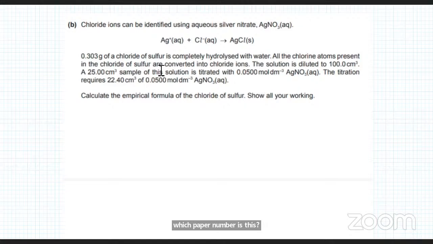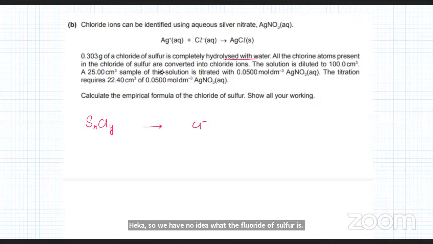Okay, let's just do it. I think that information is not given, so we have no idea what the chloride of sulfur is. It's completely hydrolyzed in water, so it just turns into Cl ions, right? All the chlorine atoms present in the chloride of sulfur are converted into chloride ions.